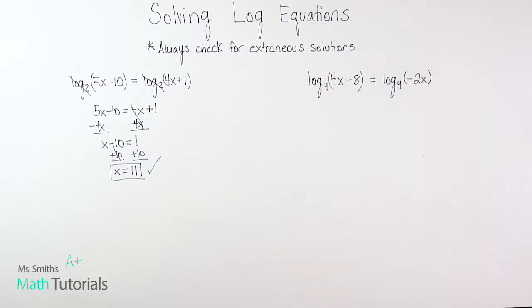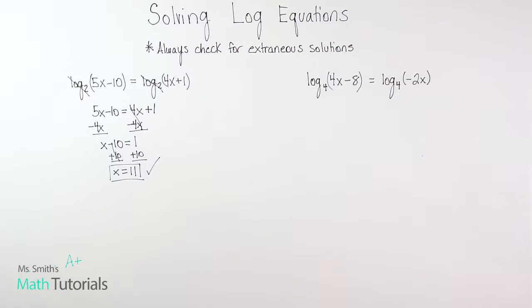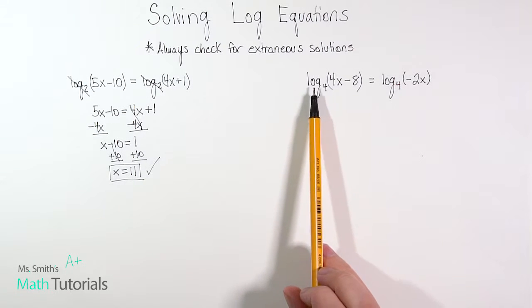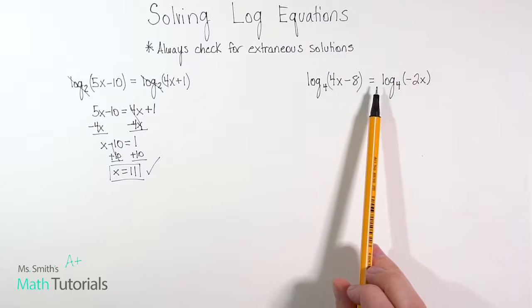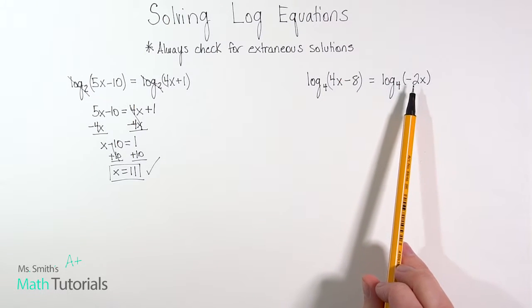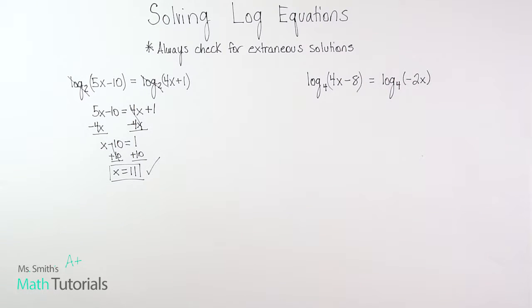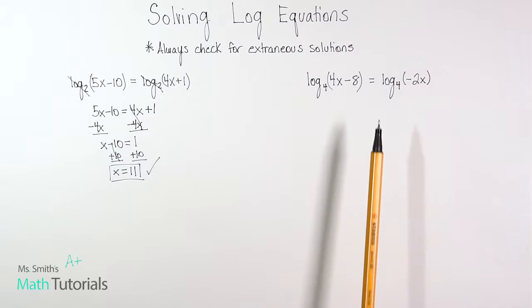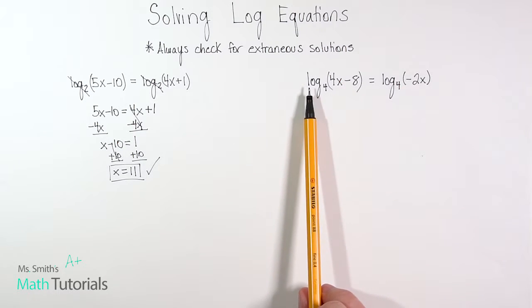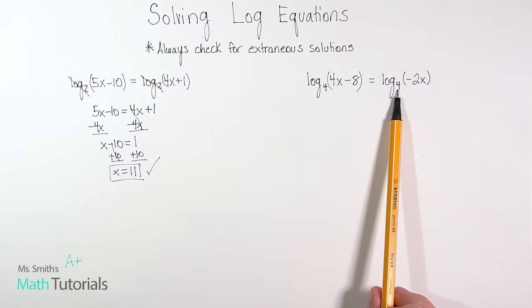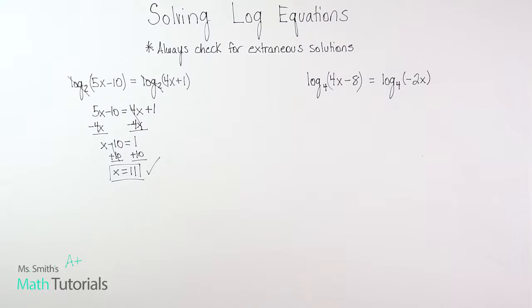All right, let's look at our second example. In this one, hopefully you'll notice that we've got log base 4 of 4x minus 8 equals log base 4 of negative 2x. So that's a really good situation. Notice on both sides of the equal sign, I have a log and I have a base 4. Best case scenario.